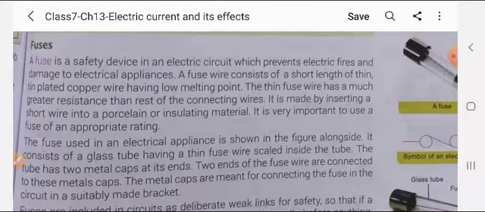So a fuse is a safety device in an electric circuit which prevents electric fires and damage of electric appliances. A fuse wire consists of a short length of thin wire. So this thin fuse wire is present inside the fuse.